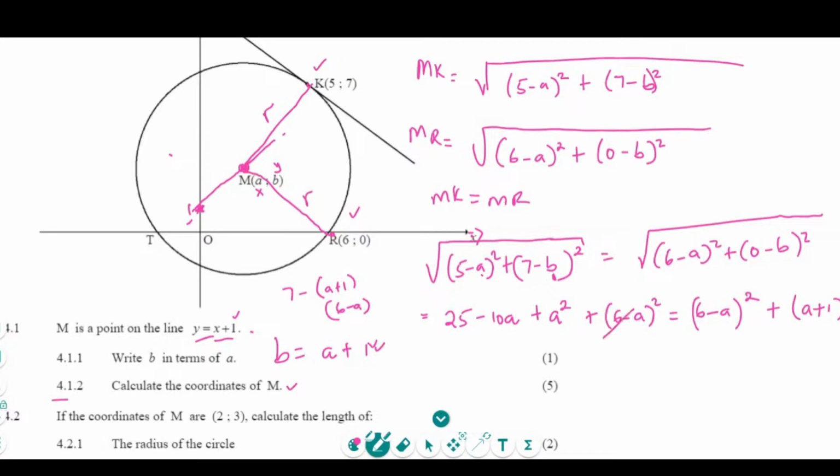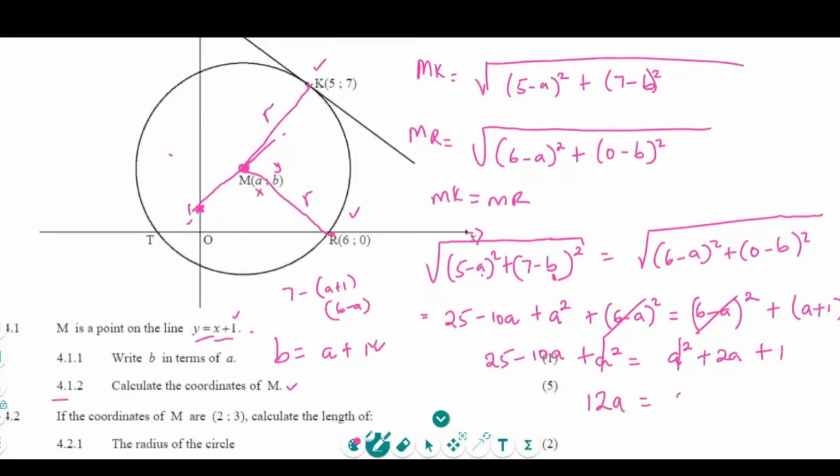Okay, so I'm going to cancel this and this because they're the same. I'm only left with 25 minus 10A plus A squared. I'll open this, A squared plus 2A plus 1. Then I'll collect my like terms. This can cancel that because they are similar. Then I'm going to move the 10A to that side, so I'm going to have 12A.